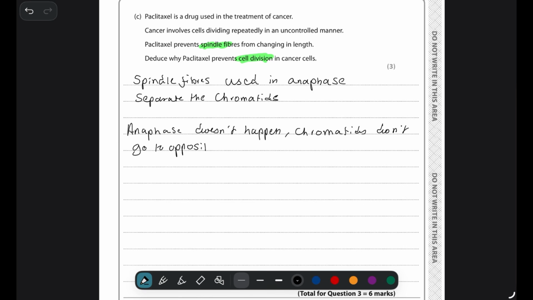And if the chromatids don't go to opposite poles, then that must mean that telophase isn't going to happen. So telophase can't happen because they're not on opposite poles. Hence, mitosis doesn't occur. And that will be how you want to answer that question.